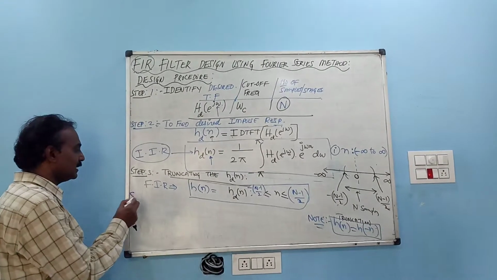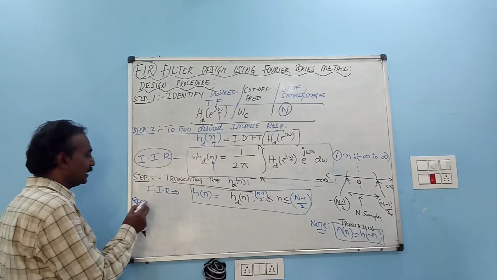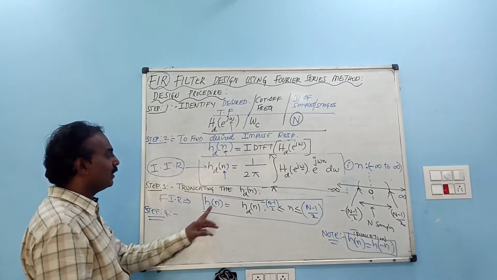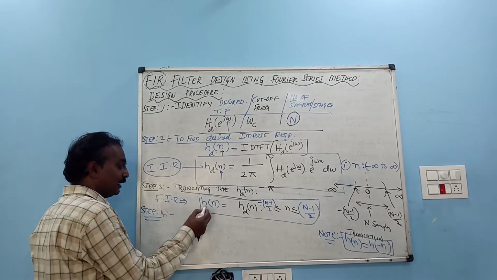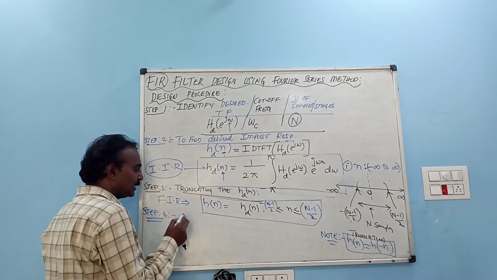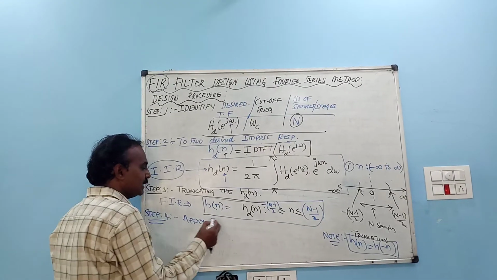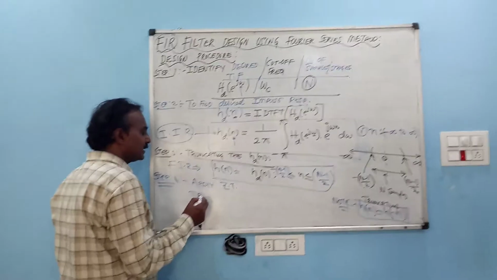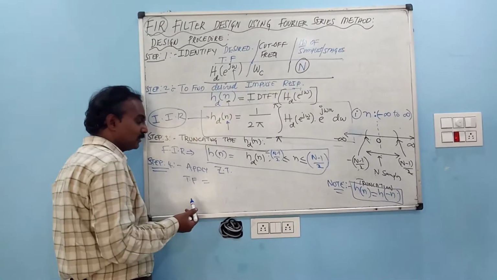Then next step is, once we get the impulse response, now I want to find transfer function by applying Z transform. So apply Z transform, will get the transfer function or impulse response, frequency response, whatever I get.